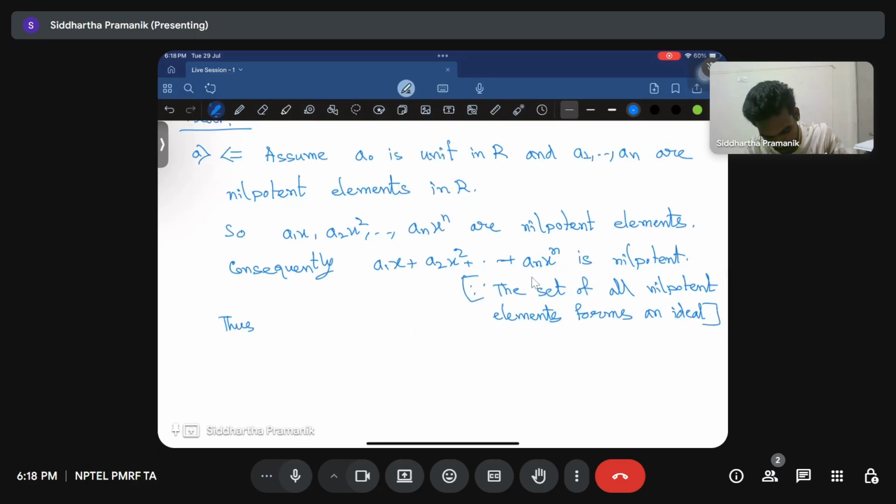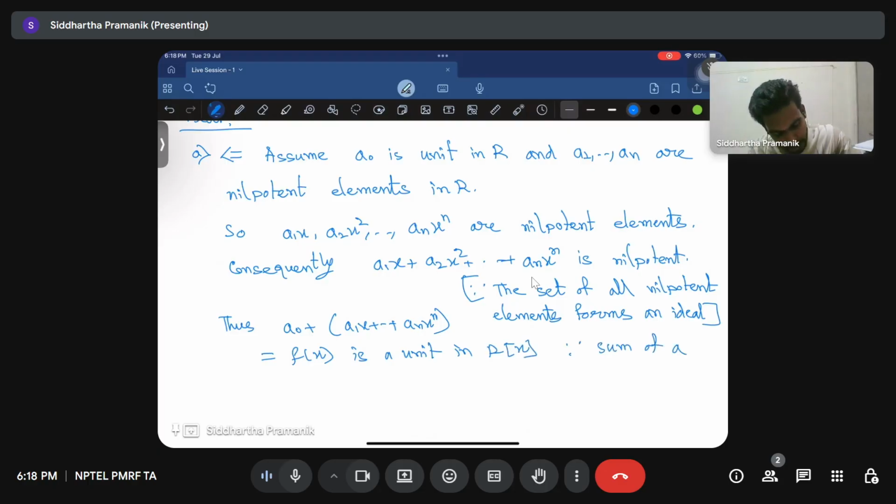Thus a0 plus this sum, a1 x plus dot dot plus an x power n, which is basically the polynomial, is a unit in R[x]. This is because the sum of a unit and a nilpotent element is again a unit.